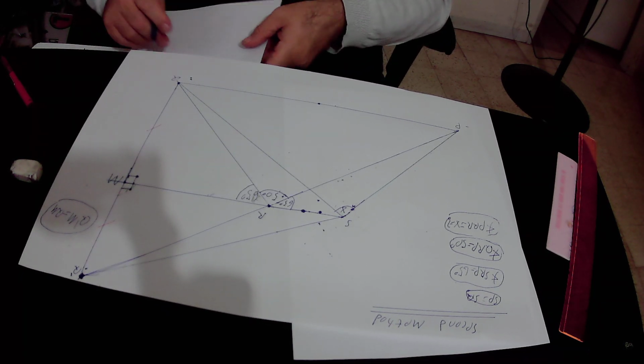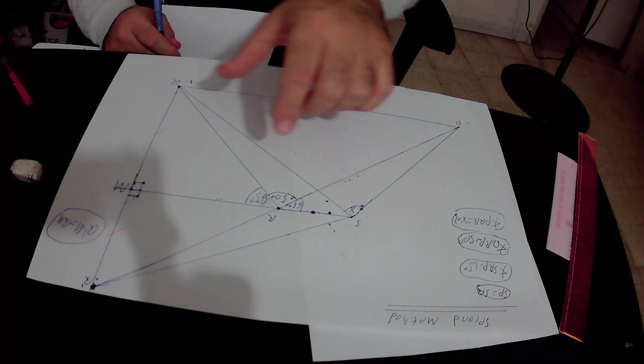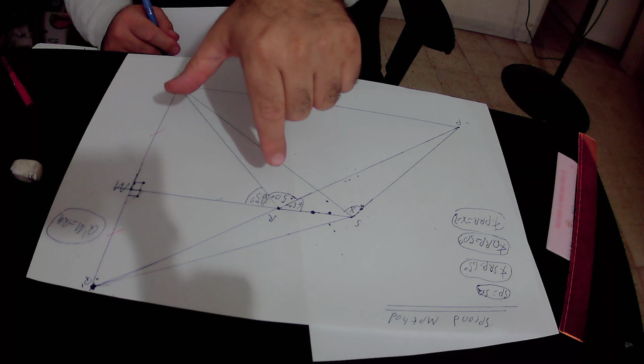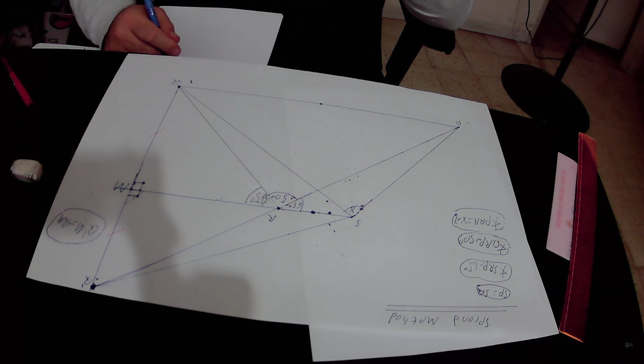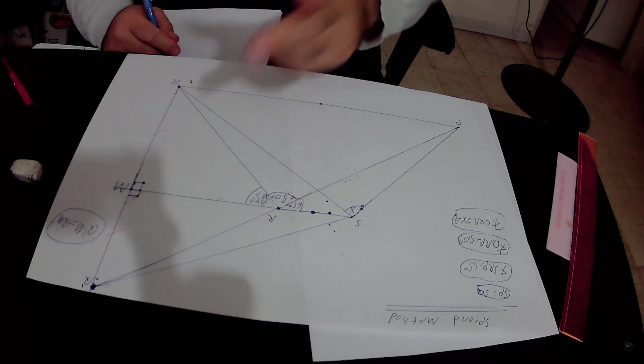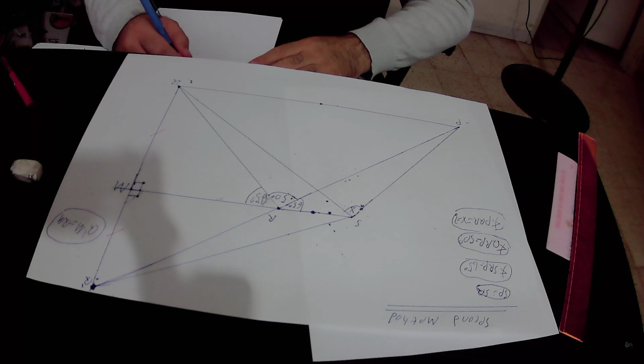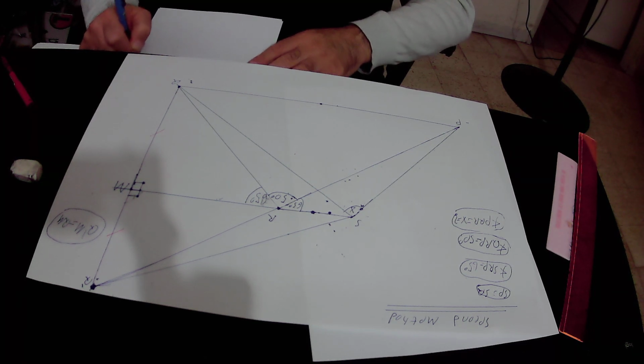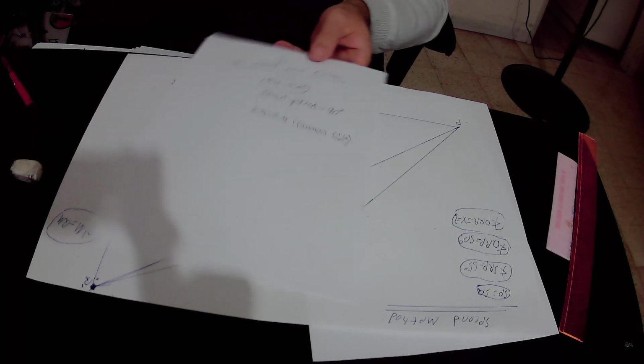And we also have a common side. That is to say, RM is a common side. It belongs to both triangles. So we can write down that RM equals RM as a common side.